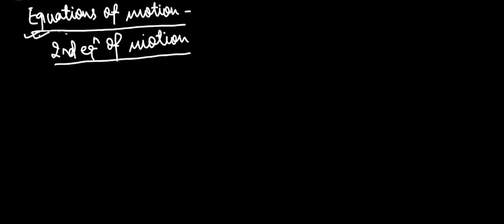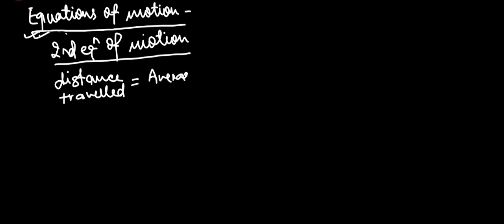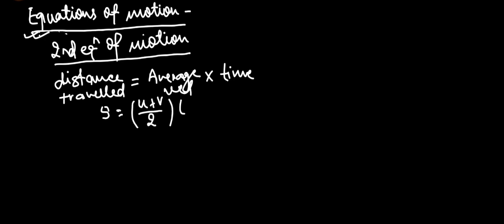So here we can write that distance traveled is equal to average velocity multiplied by time. Distance traveled, denoted by s, is equal to average velocity, which we have studied in earlier videos is the sum of initial and final velocity divided by 2, multiplied by t.